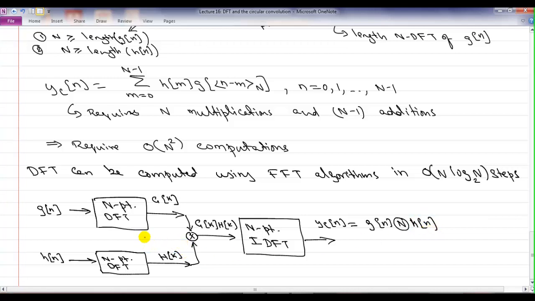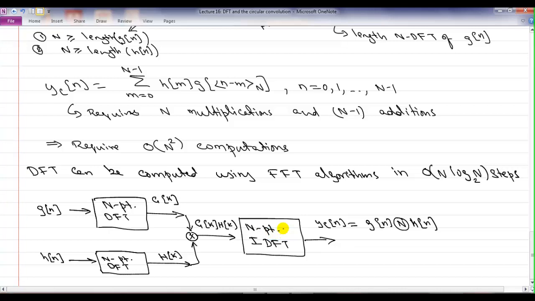And in order to compute this in a fast manner, what we really have to do is compute these N-point DFTs and inverse DFT using the FFT and inverse FFT algorithm. Even though we are to compute one circular convolution, we are computing two N-point DFTs and one N-point inverse DFT.